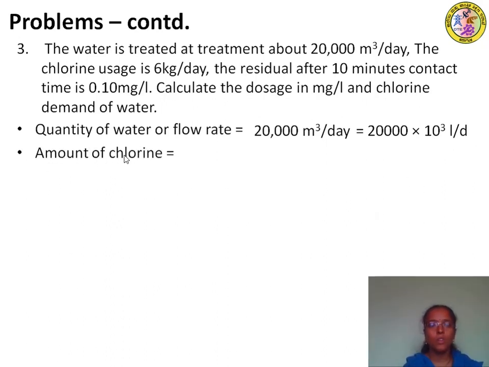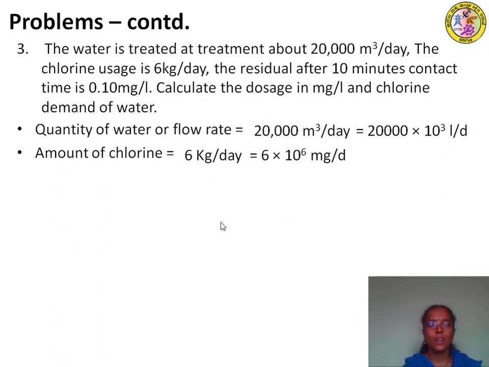Next is the amount of chlorine. The chlorine usage is 6 kg per day, which is the amount of chlorine used in one day. Converting kg into milligram per day, that will be 6 into 10 power 6 milligram per day.